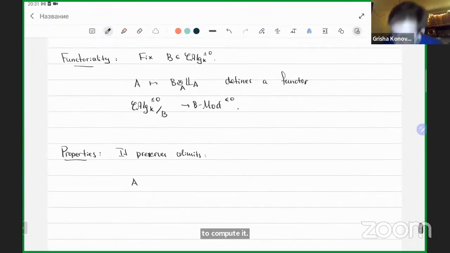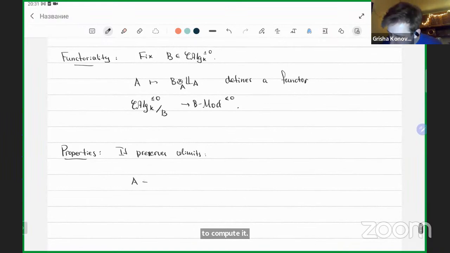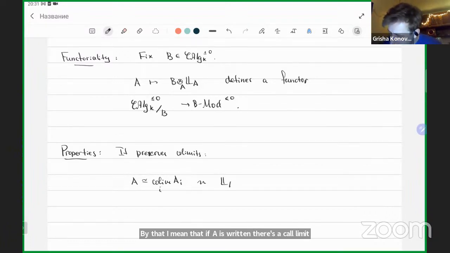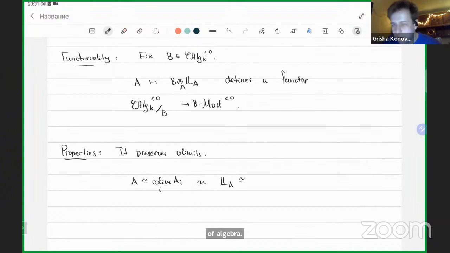By that I mean that if A is written as a colimit of algebras A_i, then LA is equivalent to the colimit of A tensor L_{A_i} over A_i.